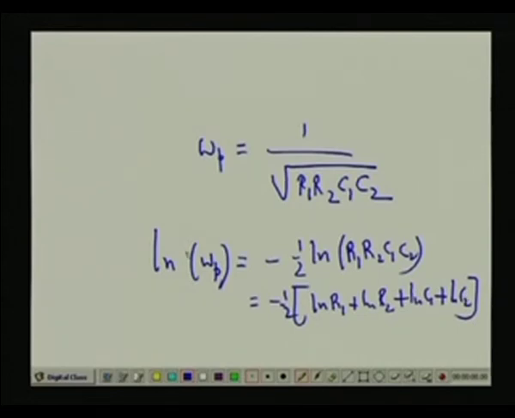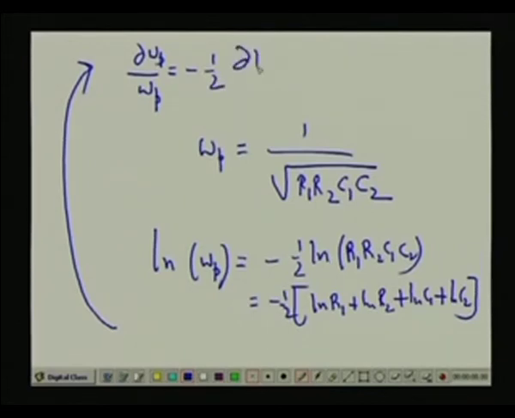Now, if you take the derivative, on the left hand side I will get delta omega p by omega p equal to minus half, if I am varying only delta R1, delta R1 by R1, right.